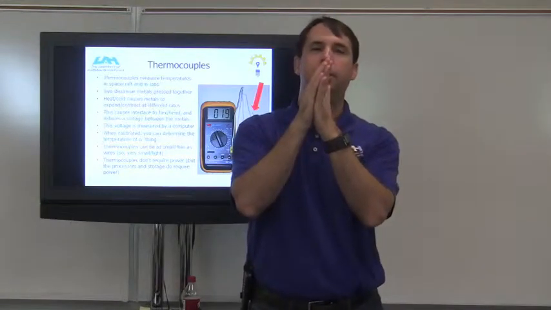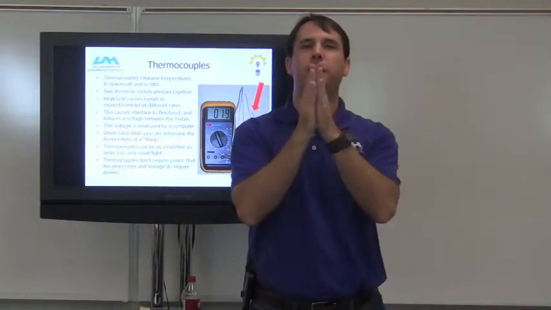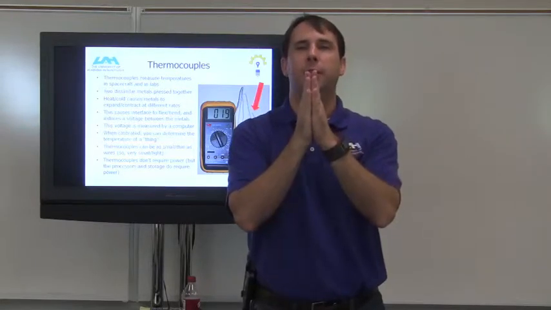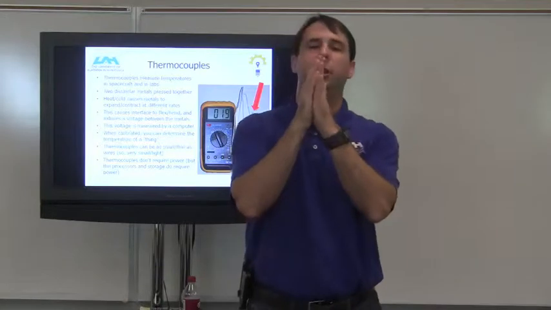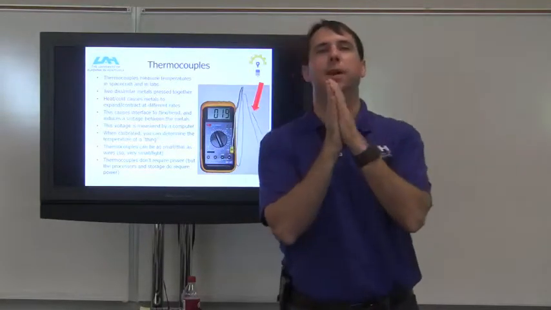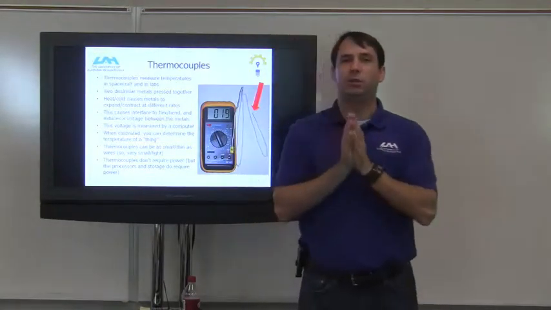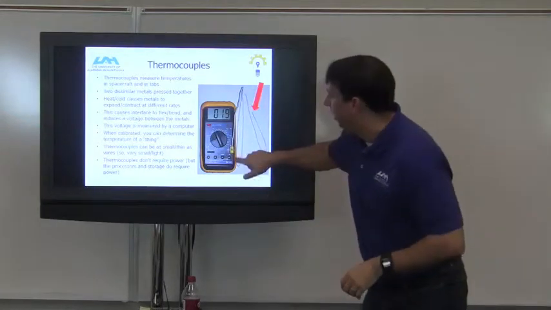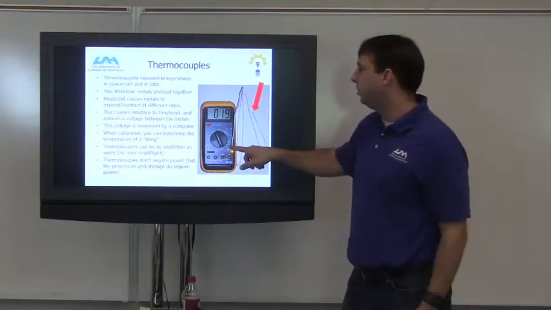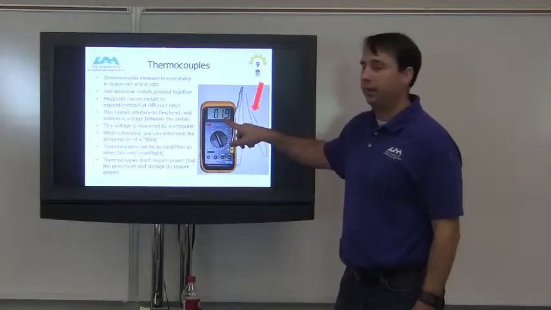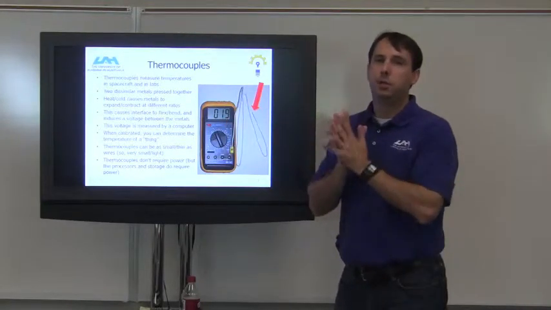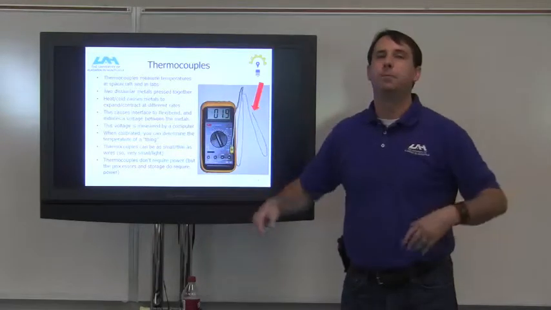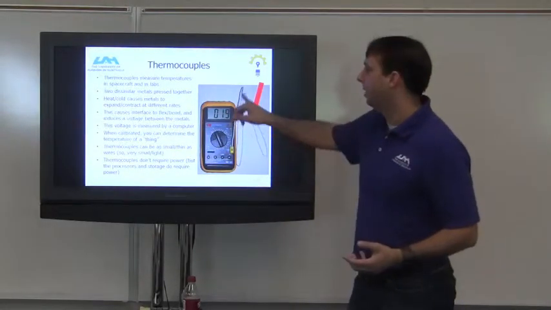And so at the interface between these two metals, a voltage is induced by the contraction and the expansion of the two metals. That voltage goes into a computer and is measured by a computer. And then the computer is calibrated so it knows, okay, this much voltage means 5 degrees or whatever, right? That's how a thermocouple works.